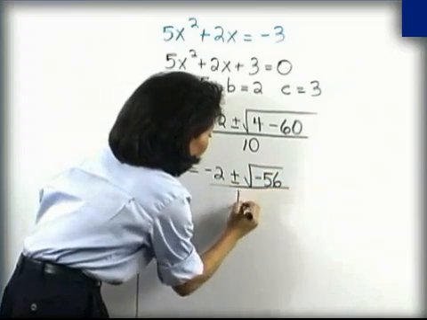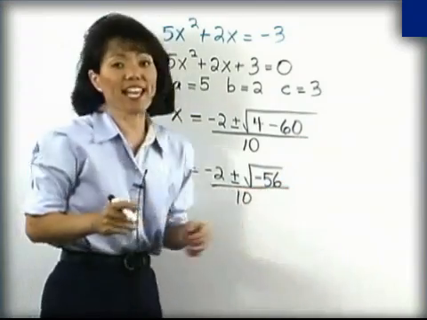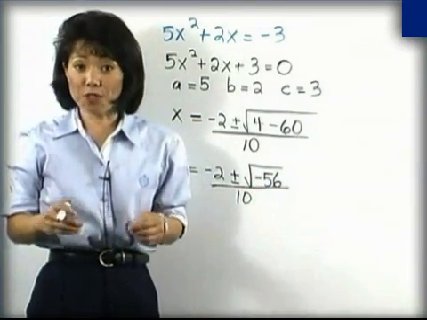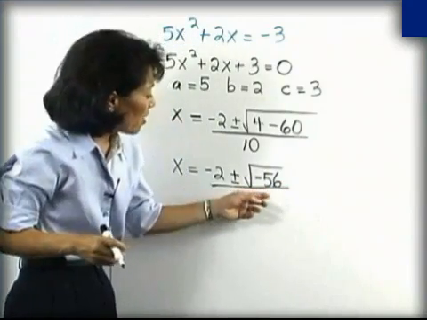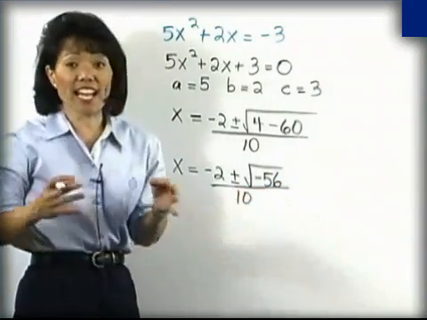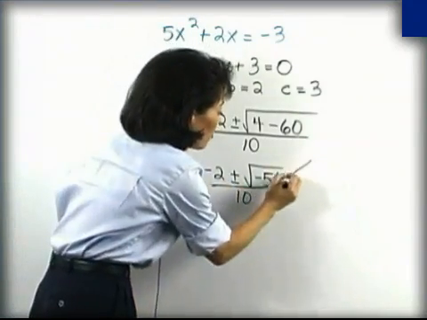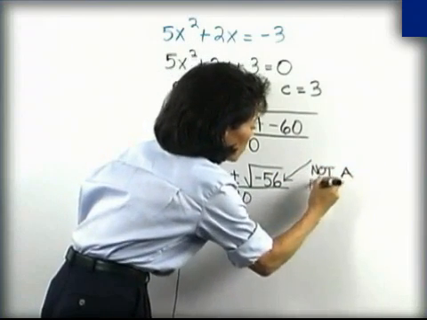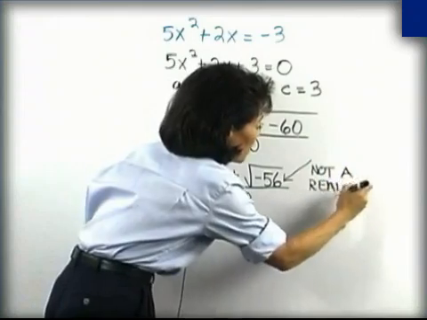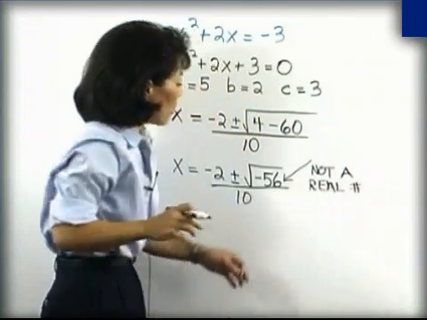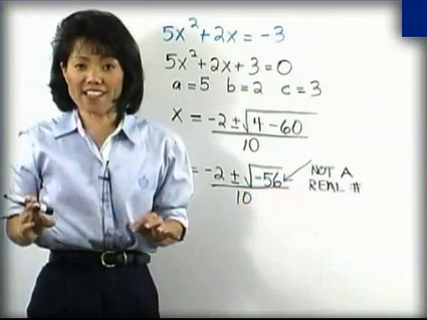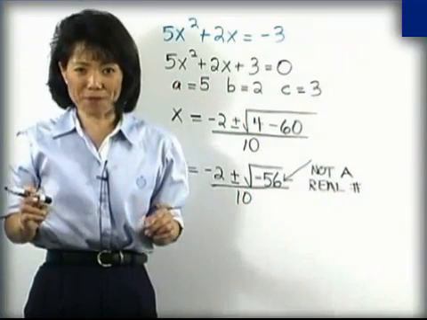What's wrong with having a negative radicand? We know that there are no square roots of negative numbers in the real number world. So because we end up with the square root of a negative 56, we say this is not a real number. Again, remember, in the real number system, all radicands must be positive numbers.